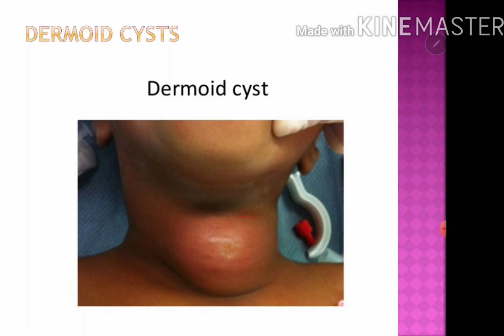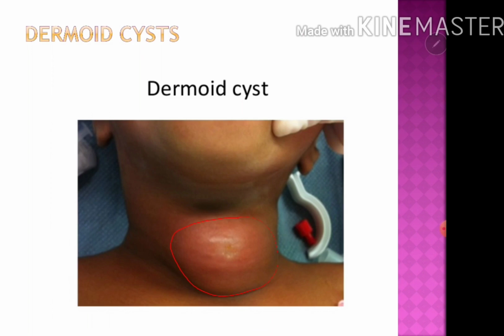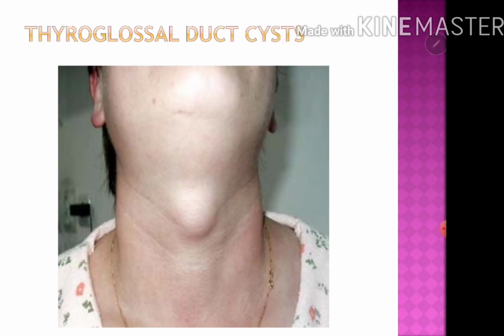Dermoid cyst is a cyst that develops in the skin rather than in the thyroid tissue per se. Although it is anteriorly present, we can see by ultrasound that it is separated from the thyroid tissue. It should also be differentiated from thyroglossal duct cyst. How can we differentiate this from the thyroid?